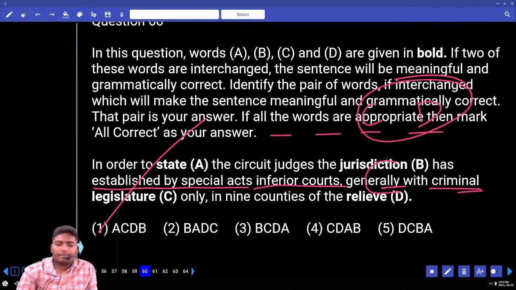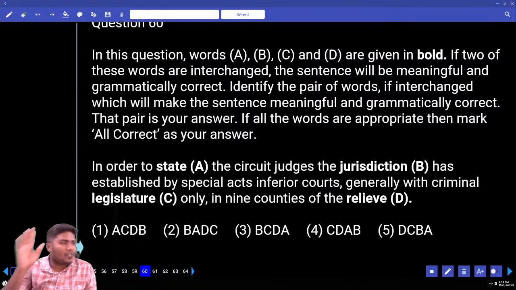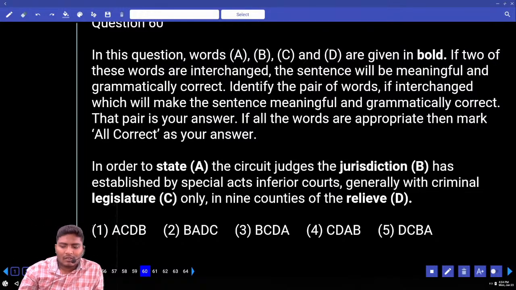Move to 60. In order to relieve the circuit judges, the jurisdiction has established by special acts, inferior courts, generally with criminal legislature, not only in 9 countries of the relief. Can you tell me any one word that is not correct in its position? After the, what do we need?